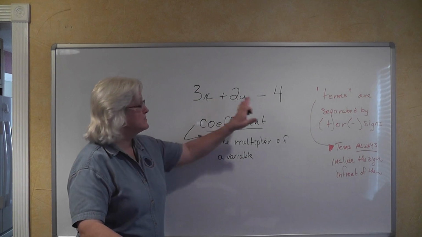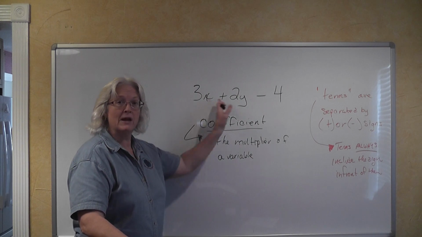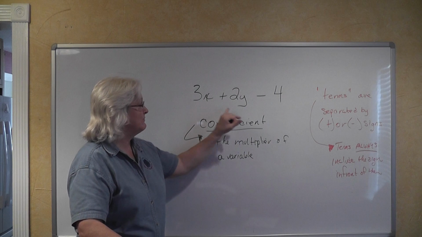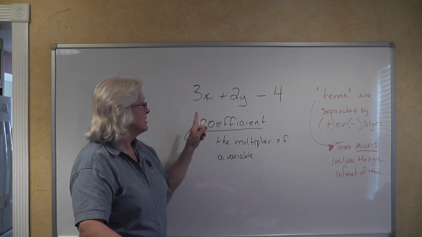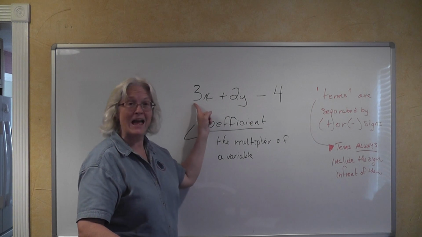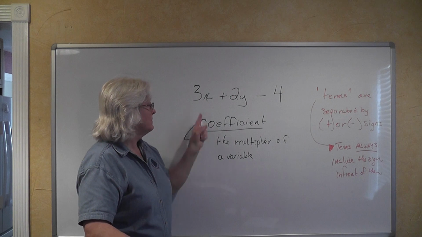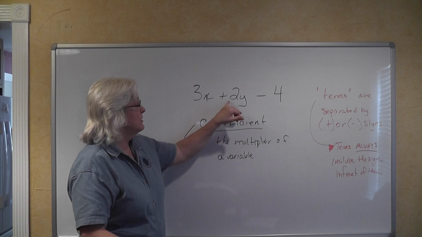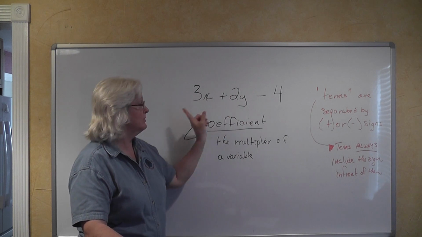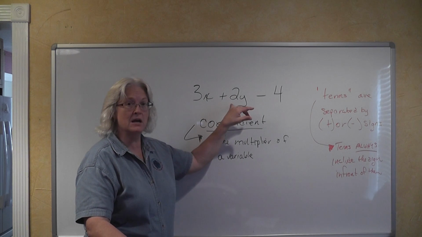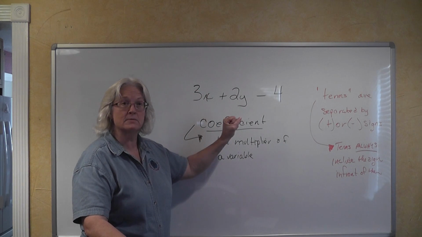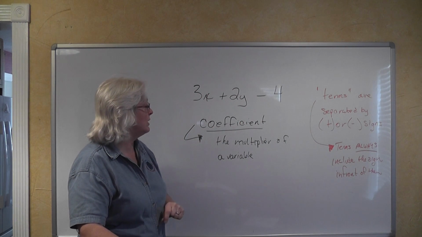We have 3 terms here: positive 3x, positive 2y, negative 4. There we have 2 variables. The coefficient of the x is 3 because this says we're going to multiply x 3 times. The coefficient of the y is a 2, both of them positive, because this says we're going to use y twice. 2 times y.